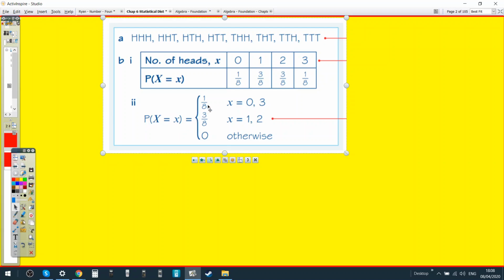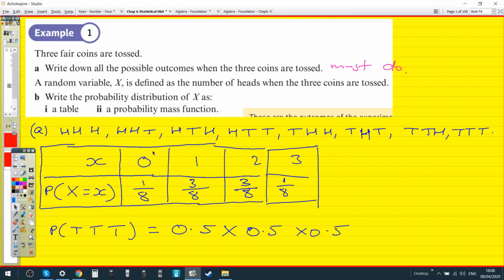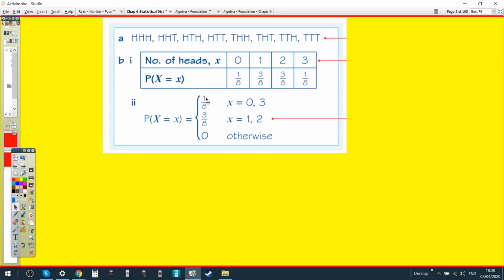So this is the probability mass function. 1/8, 3/8, 3/8, 1/8 for x equals 0, 1, 2 and 3, and there's no other possibility. There you go. Any questions about this probability mass function?